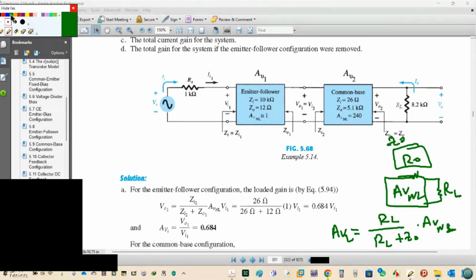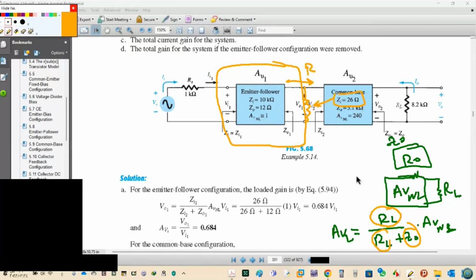Now let's focus on R load. In stage number one, I have ZO, this is ZO or RO before, so no problem for that. Where is the RL? See, this is RL. RL is ZI for the next stage.